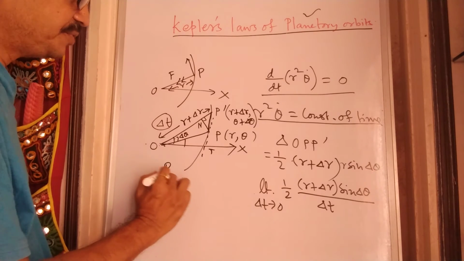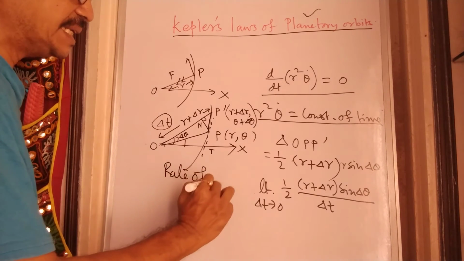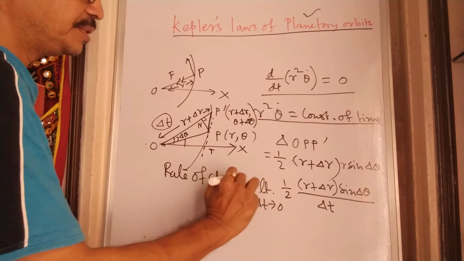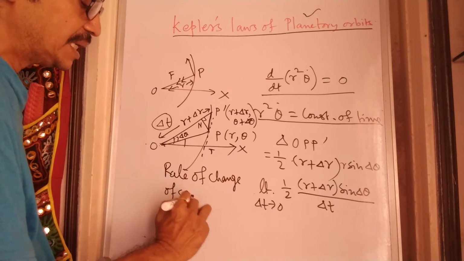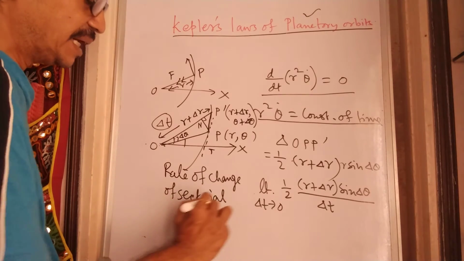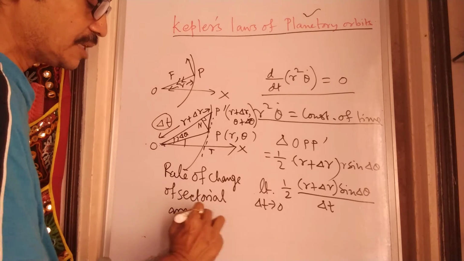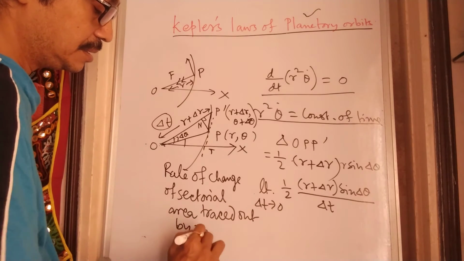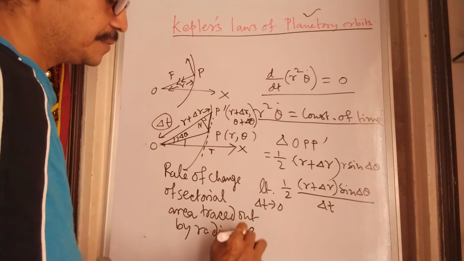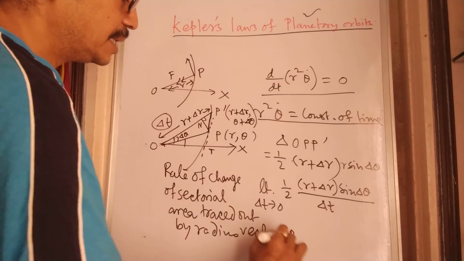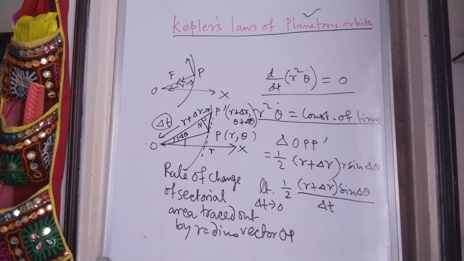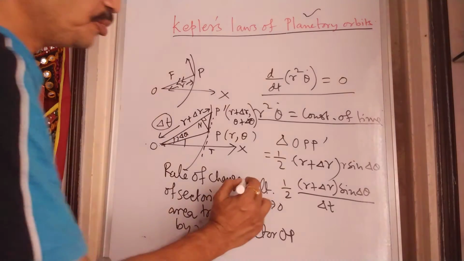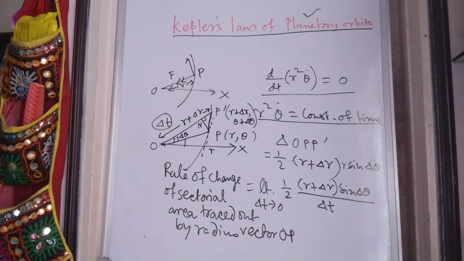So the rate of change of sectorial area traced out by the radius vector OP turns out to be this. We take the limit as delta t tends to 0, delta theta also tends to 0.